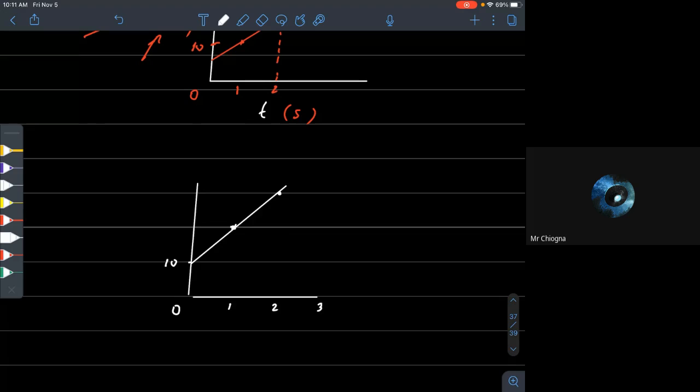So first of all, at the 0 second mark, at this point here, you're moving at 10. 10 what? Well, the unit is meters per second. So you're moving at 10 meters per second to start with.